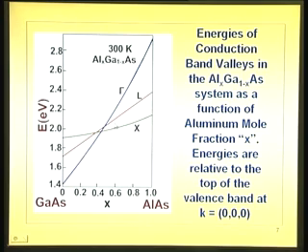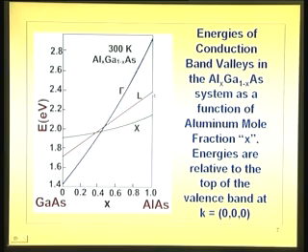Now, what the band gap actually is depends upon the minimum. Here 1.43 is the minimum, here 2.17 is the minimum. So, the effective band gap will vary along this path, the minimum of all three.